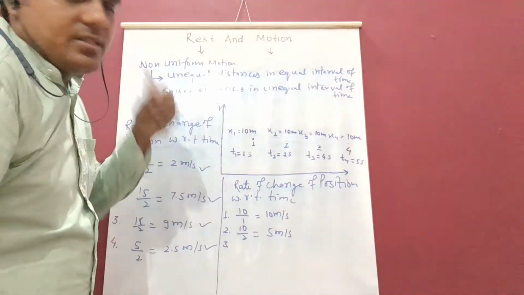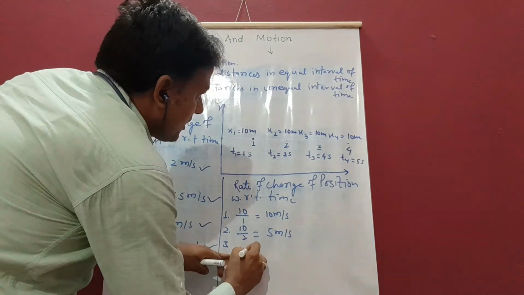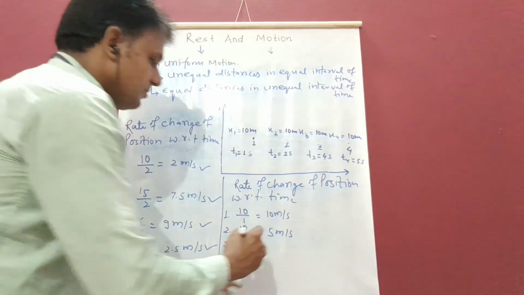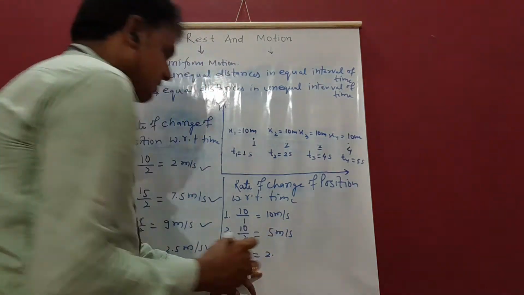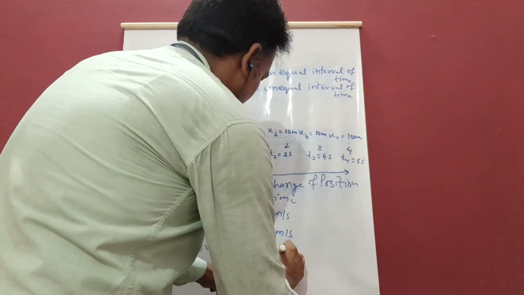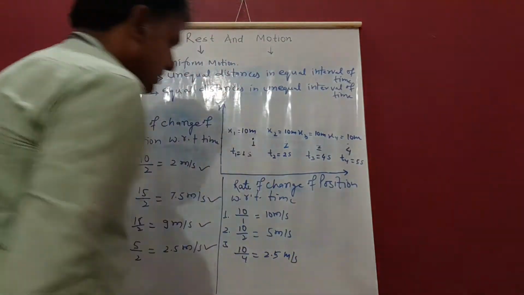Similarly, in the third case it is 10 upon 4, it is 2.5 meter per second.